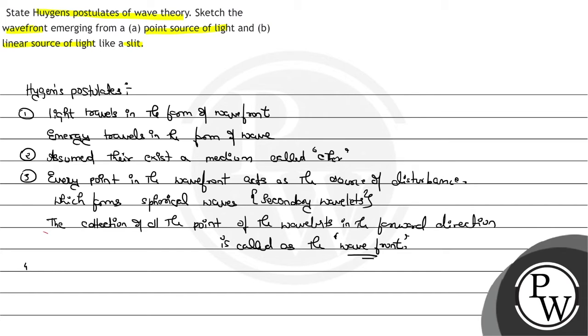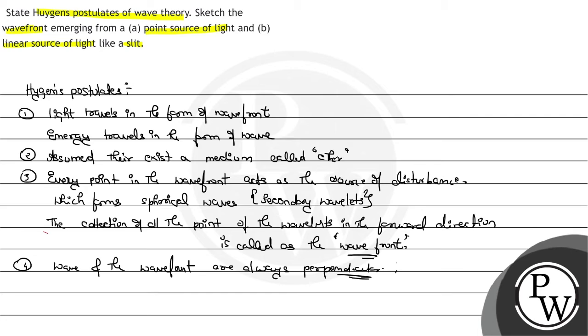And one more postulate we can say, that he also said that the wave and the wavefront are always perpendicular. And using these postulates, several phenomena such as refraction, reflection, interference, and diffraction were explained.